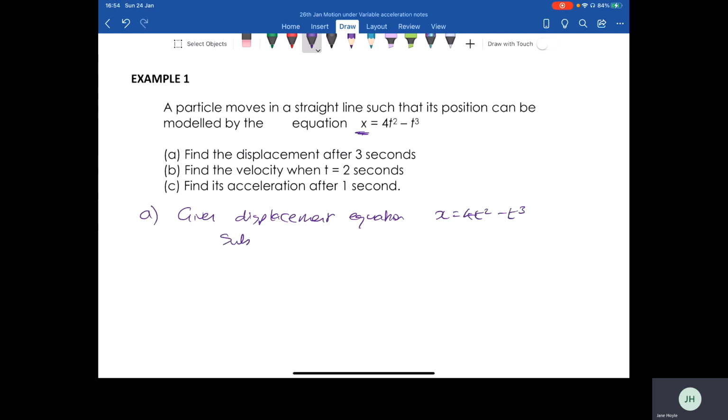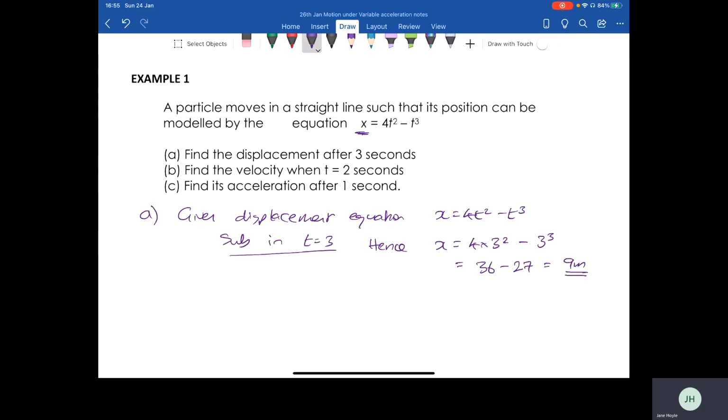So all we need to do is to sub in, not x is 3, t is 3. After 3 seconds, that means of course t is 3. So hence our displacement x is 4 times 3 squared minus 3 cubed. 4 9s are 36 minus 27, 9 meters.